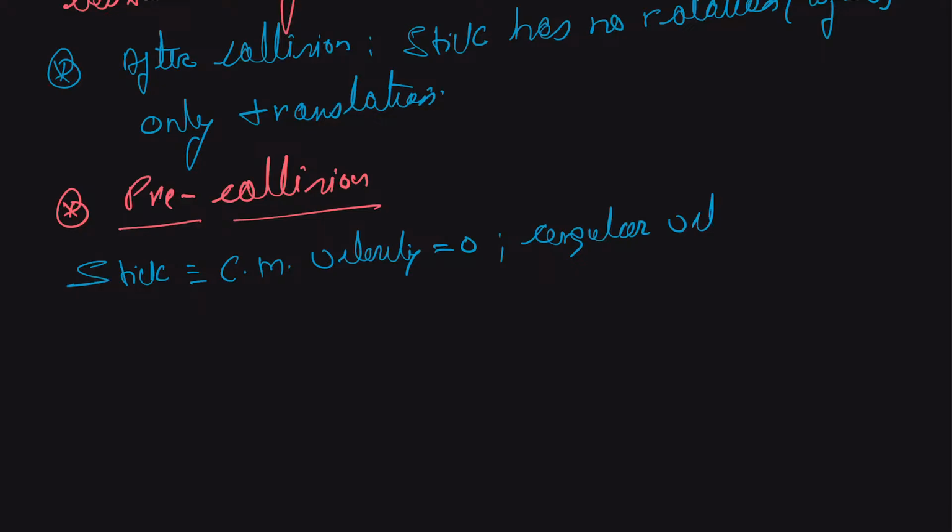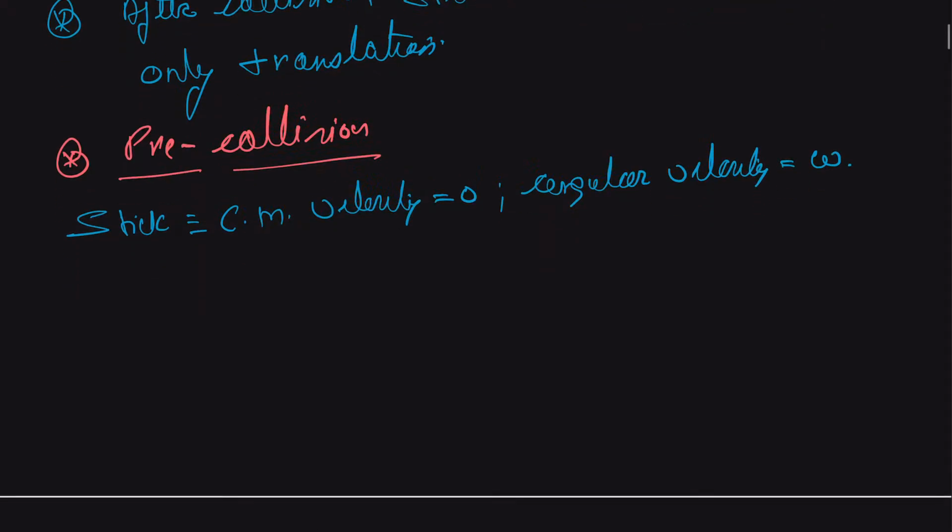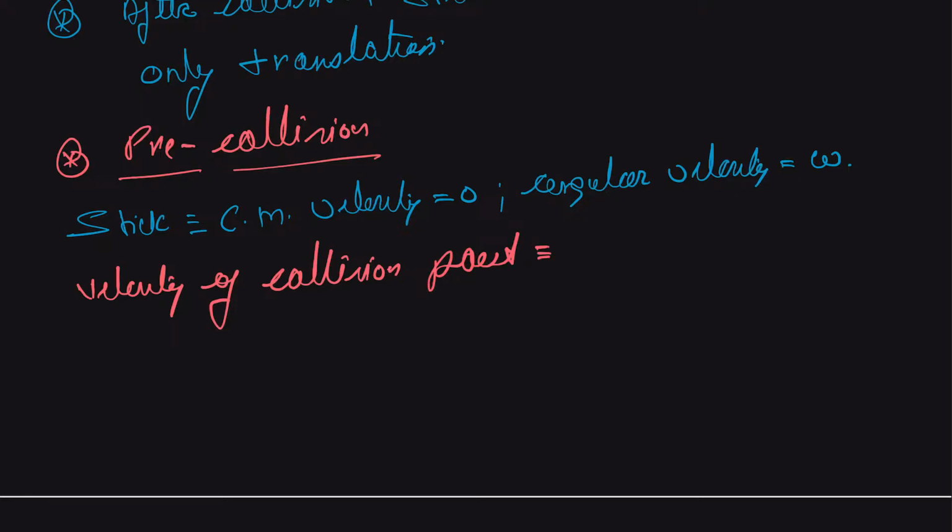And the velocity of the collision point, let us call this v point, will be equal to omega times d.